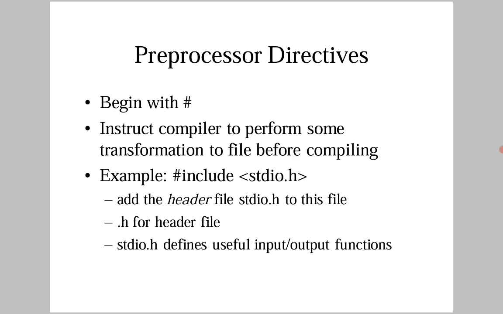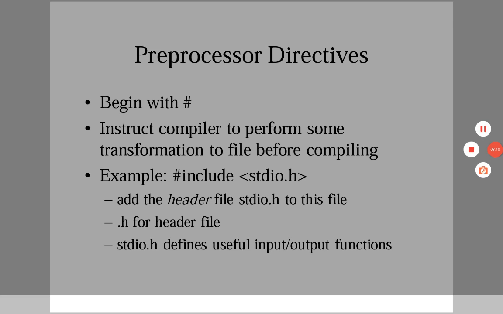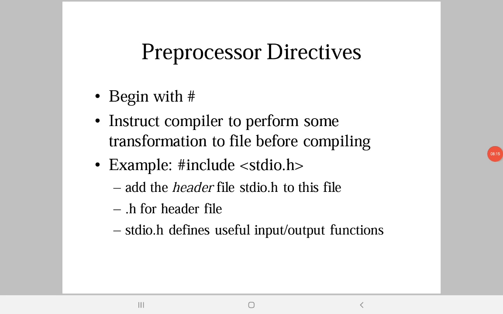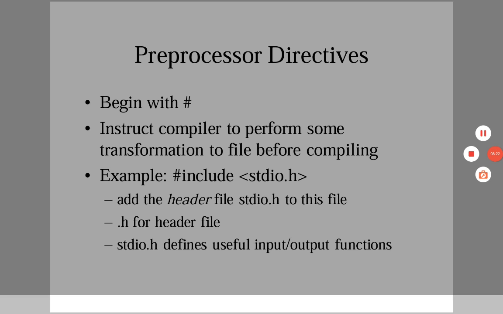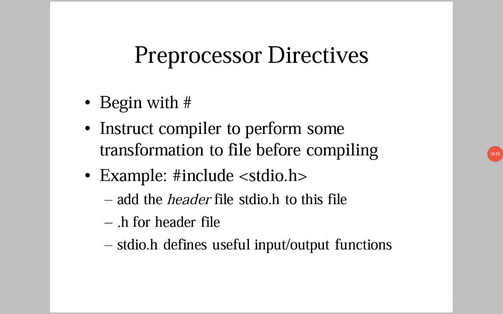So to include some header files, we use the #include statement. It adds the header file stdio.h to this file. So what is in a header file? A header file is nothing but a collection of declarations.